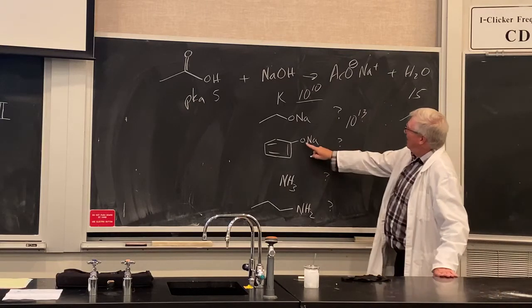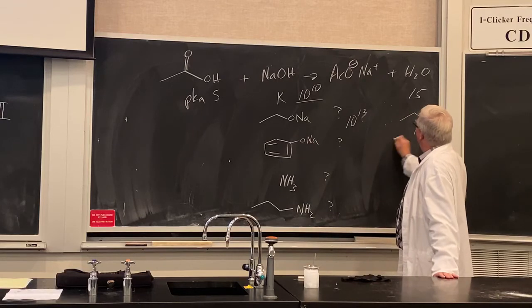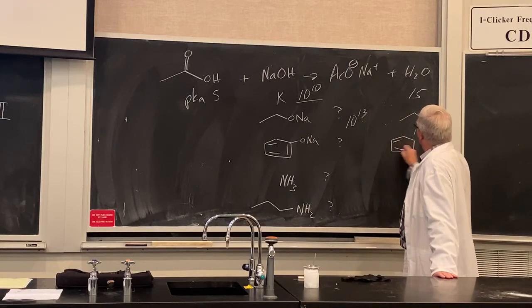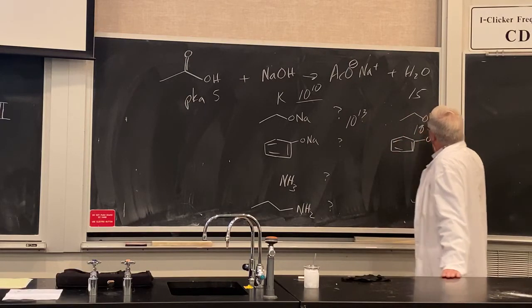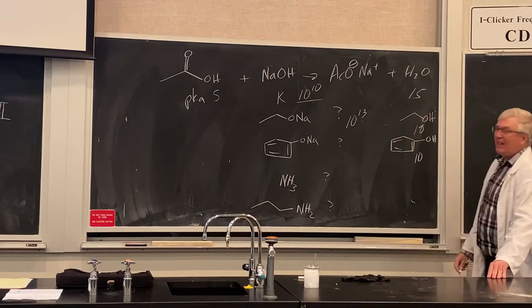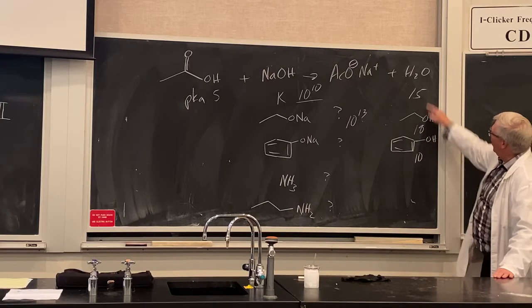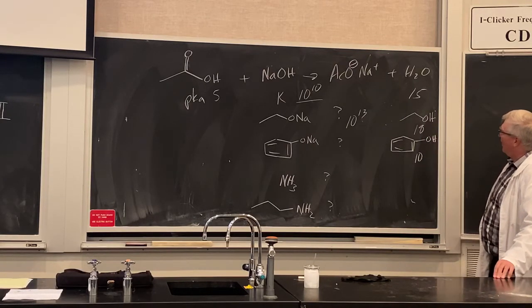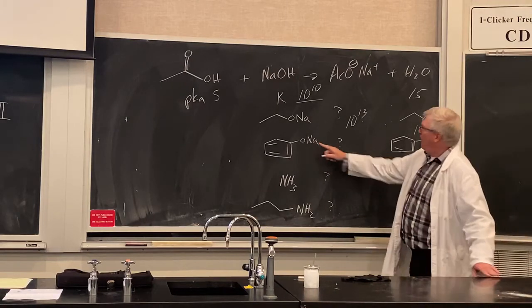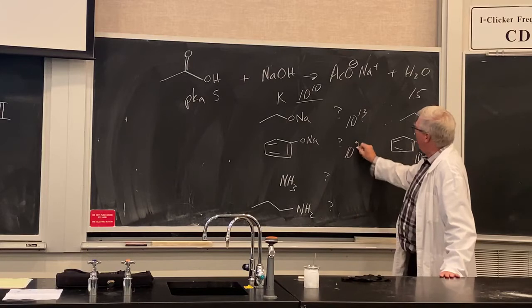What about sodium phenolate? If we do that, then we get the phenol product here, and the pKa of that is known too. It's 10, which means what? It's a stronger acid than water or ethanol, which means it's a little bit weaker base, but we can do the calculation here: 10 minus 5, 10 to the 5th.